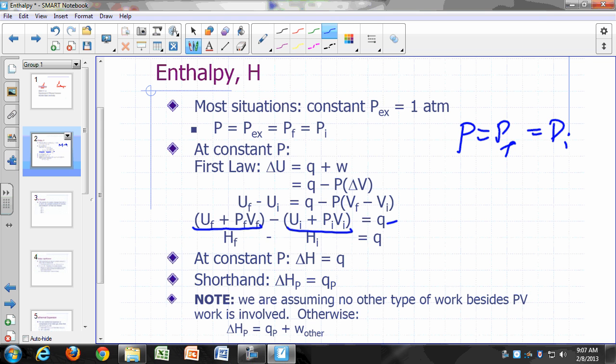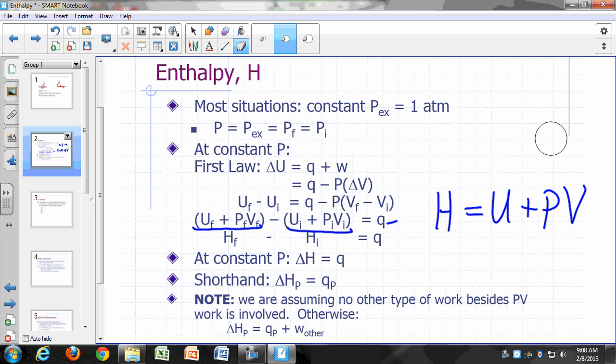So this inspires us to define another state function as U plus PV. The definition of enthalpy is H equal to U, internal energy, plus the product of pressure times volume.